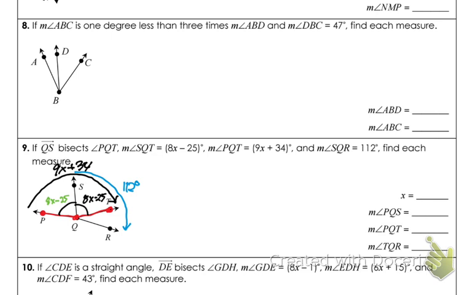Once again, angle plus angle equals big angle. So I'm going to take that 8x minus 25, add it to the other 8x minus 25, and that's just going to equal the entire PQT, which is 9x plus 34.